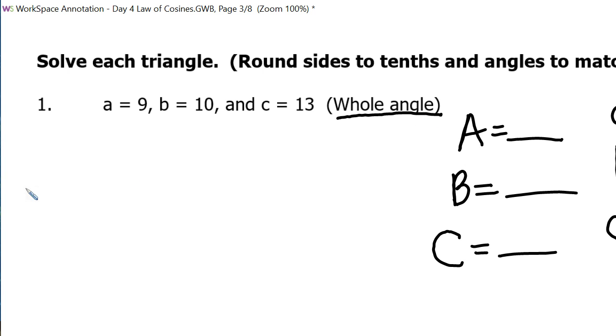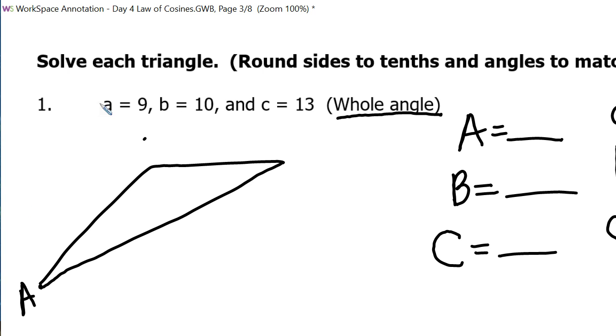And go ahead and draw yourself a diagram. Side A is 9, side B is 10, side C is 13. And then fill in your given information.